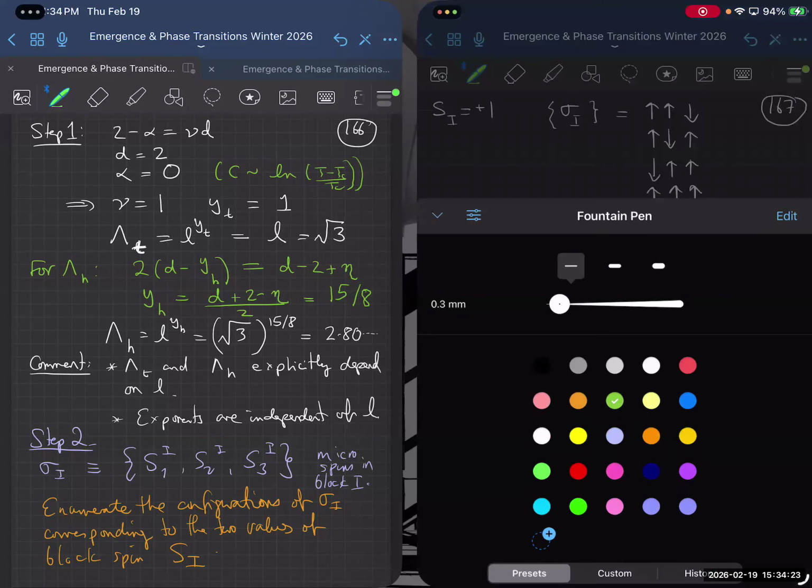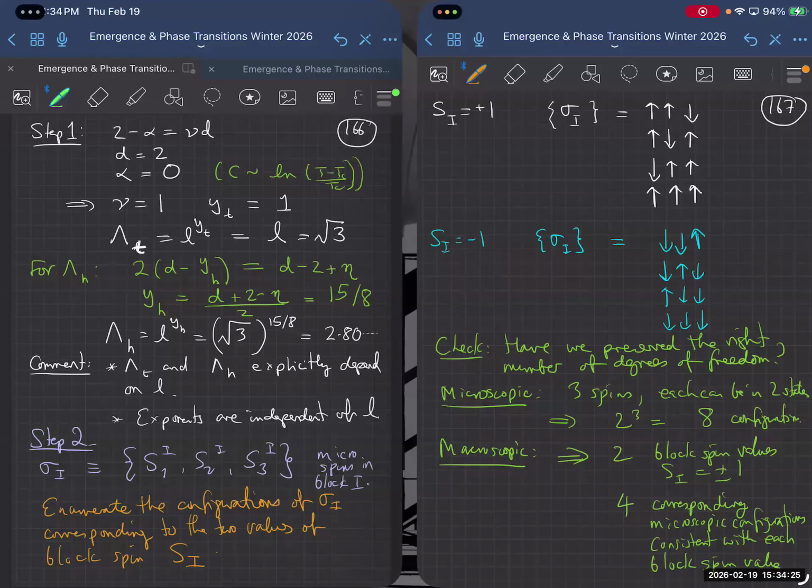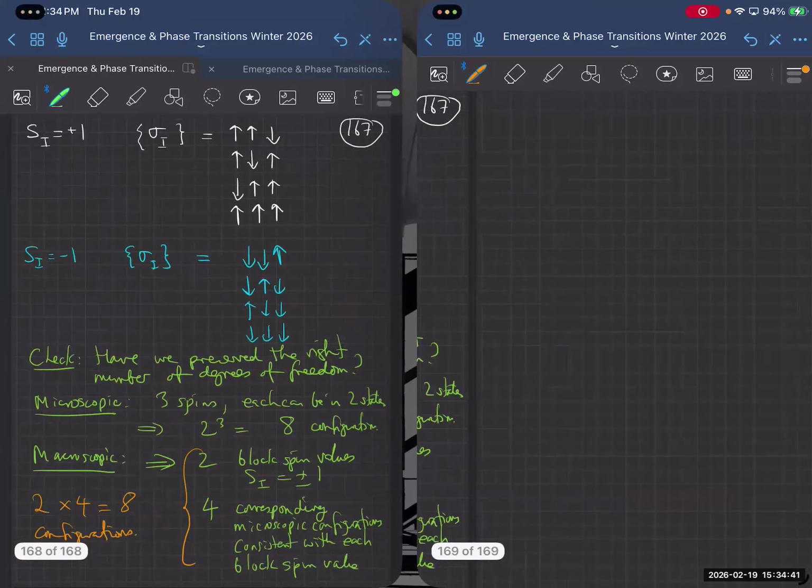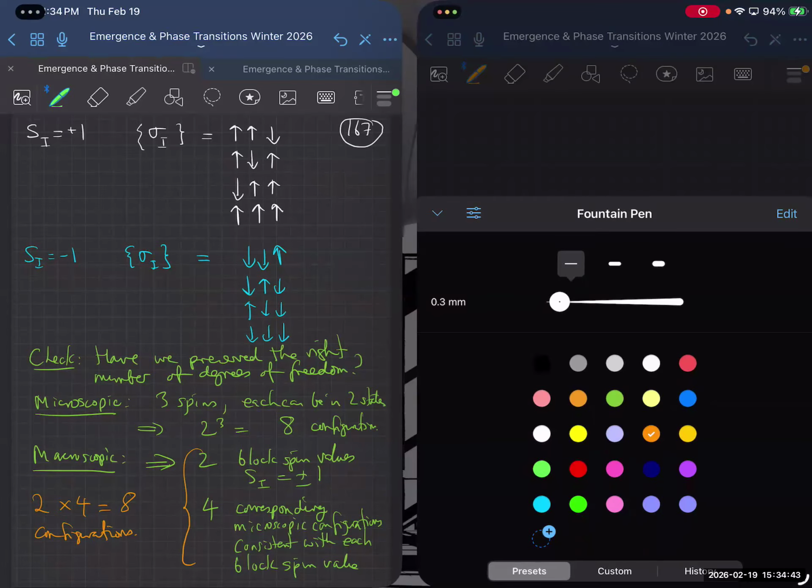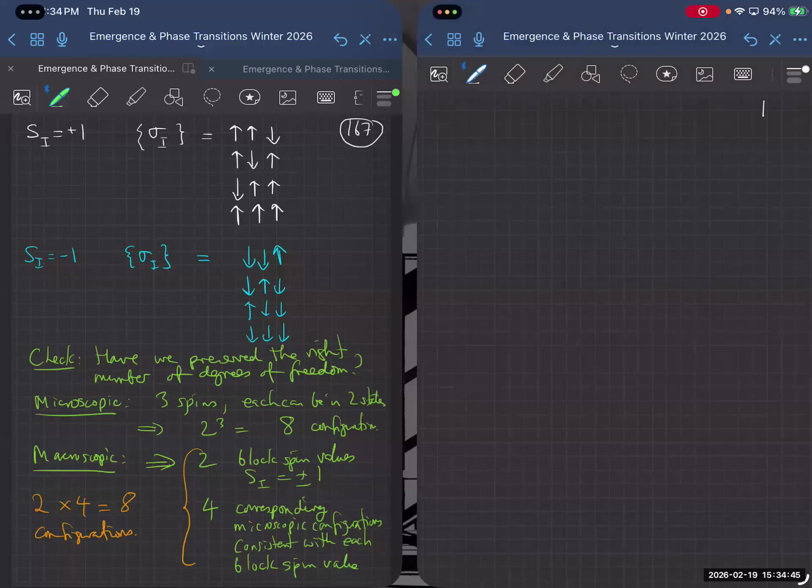And so therefore, what I have then is 2 times 4 equals 8 configurations. So that's good. I didn't miss anything. As we've talked about before, when you're coarse graining and when you're doing the renormalization group, you're just summing over the degrees of freedom in a different order and in a different way. Okay, so that's the first thing.